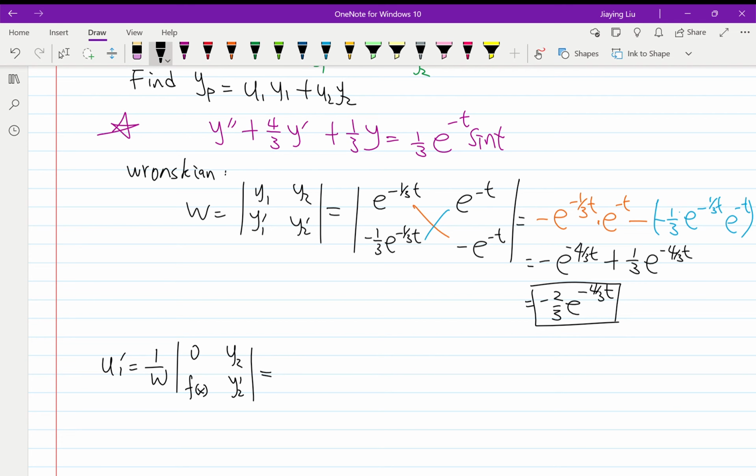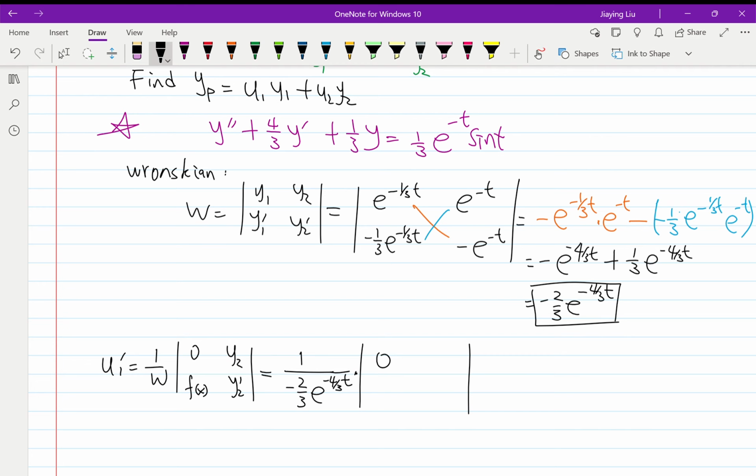So now we can plug in the Wronskian, so that's a 1 over negative 2 over 3 e to the negative 4 over 3t. And then the matrix, be careful there, it's a 0 and the f of x.